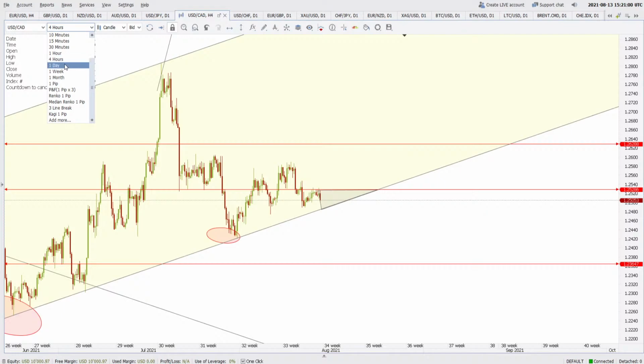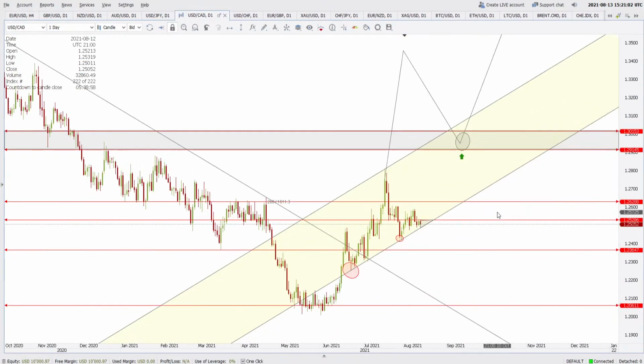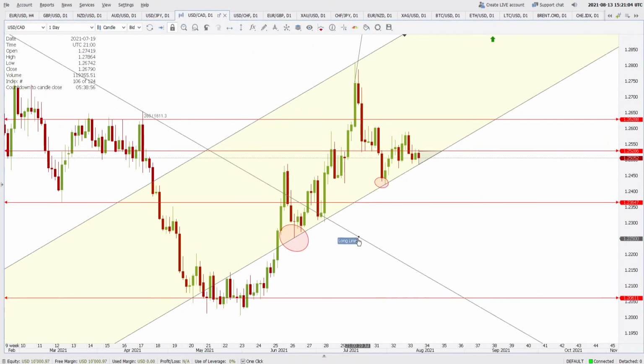Now switching it back to the daily, this is what it looks like. The price has not tested the support. Once it tests the support or touches this line, then only we will be able to make out whether it is going to go up or not.